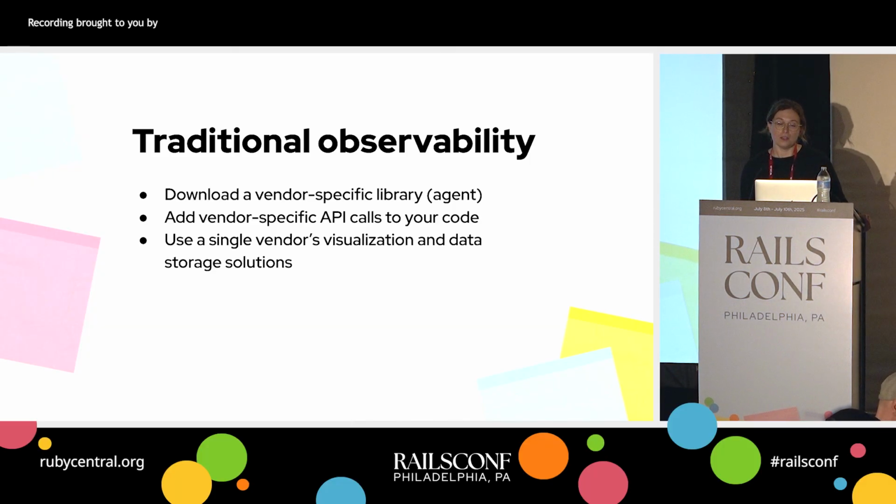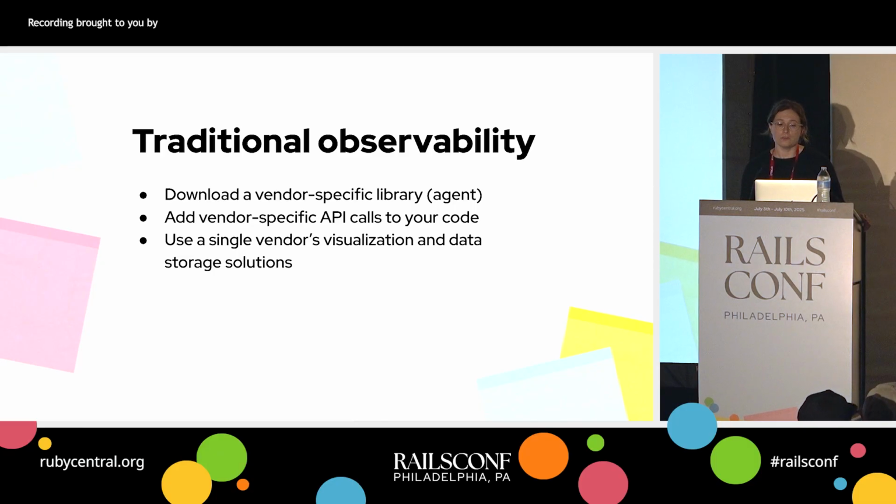And then, that vendor-specific library gives you a strong baseline of what's called instrumentation, different telemetry that is connected to libraries that you use. But inevitably, those vendor-specific libraries don't cover everything that's unique about your domain. And so you'll need to add API calls to get additional telemetry.